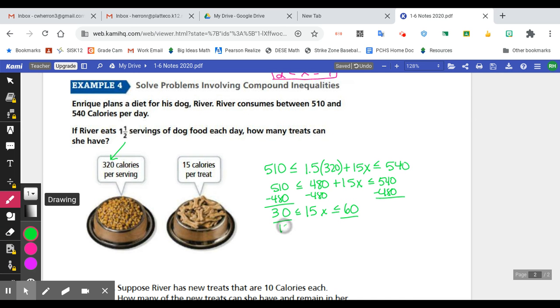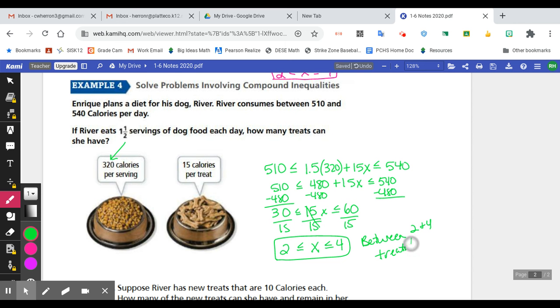Oops. 15, 15, 15. This would be 2 and 4. So River can have between 2 and 4 treats per day and still stay in the calorie range.